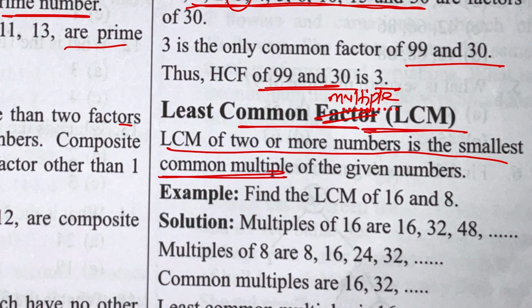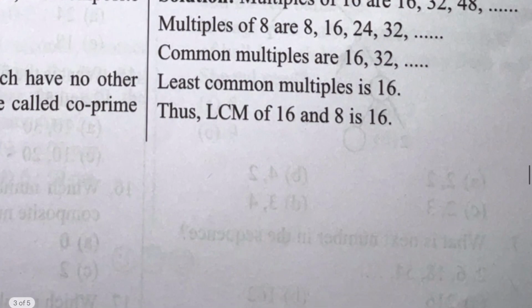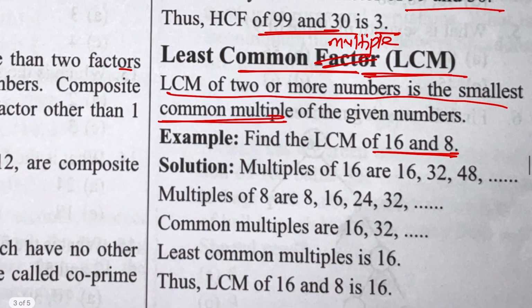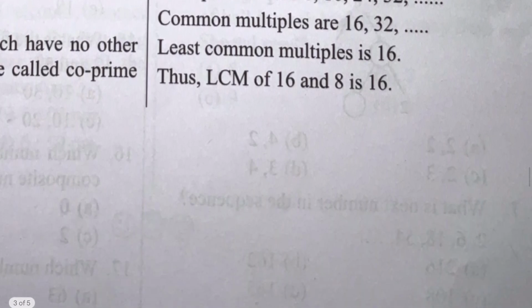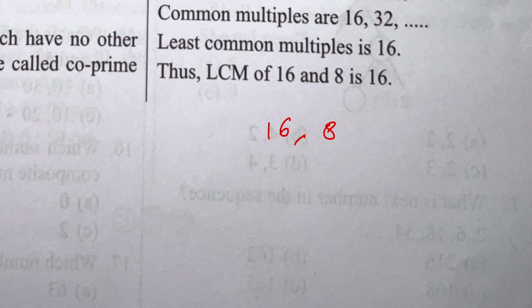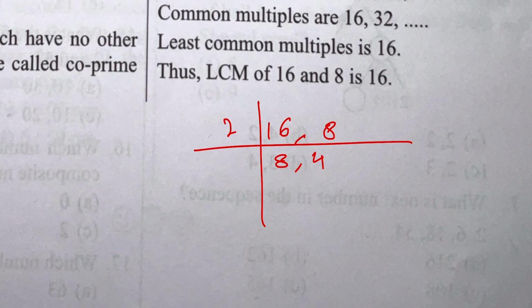Say for example, LCM of 8 and 16. We will take the same example, the factorization that we did. Here we are using the same method. 2 will divide, but 2 is the least. Again it will go by 2: 2 4s are 8 and 2 2s are 4.